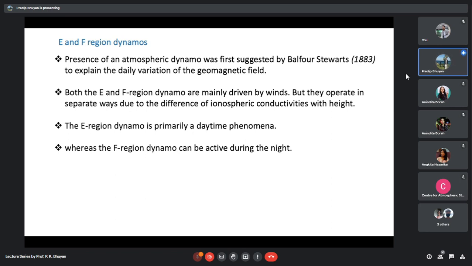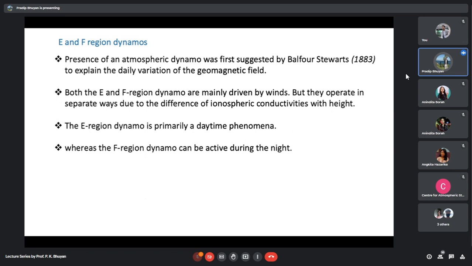Okay, so another point, the E region dynamo is primarily a daytime phenomenon. At night, as we know, the E region becomes very weak. The number density of the E region becomes very low at night, sometimes so negligible that it is not detectable even with ionosondes.